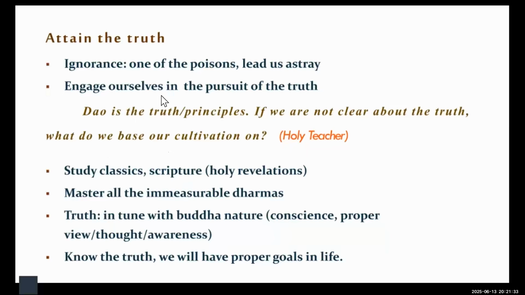I guess I have to hurry up. So Holy Teacher said, Tao is the truth, the principle. But if we are not clear about what the truth is, then what do we base our cultivation on? So to attain the truth is very important.